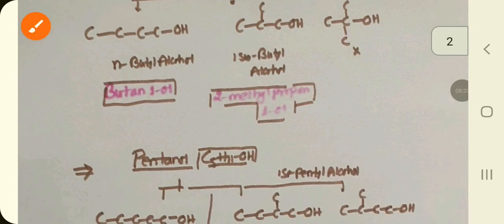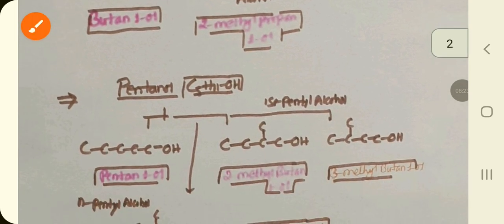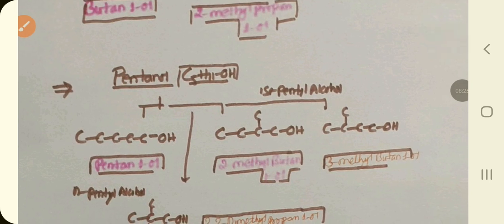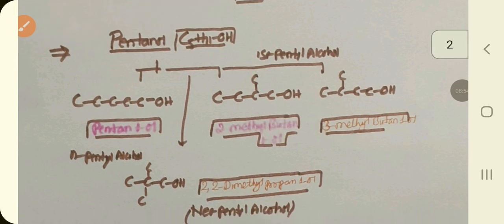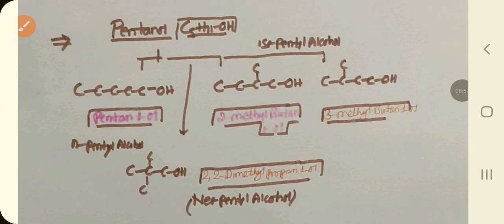In a similar pattern, in case of having 5 carbon atoms, that is pentanol, the following arrangements are possible, and their IUPAC names are mentioned for the pentanol. You can see that the position of the functional group, that is the OH group, remains similar. There is no change in the position of the functional group, but the arrangement of carbon chains is different. So these are the common possibilities of chain isomers of pentanol.